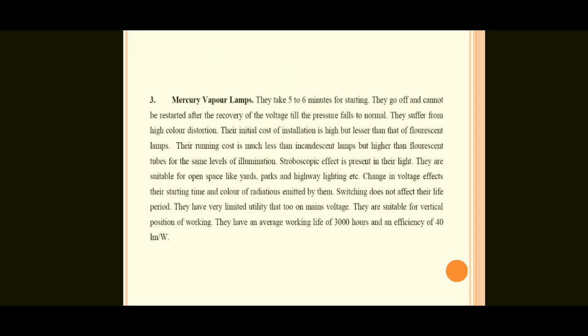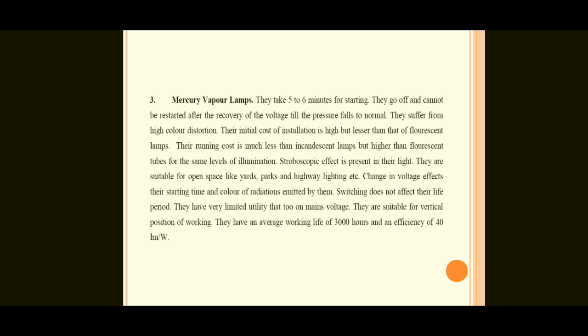Mercury vapor lamp, we all know very well. They go off and cannot be restarted after the recovery of the voltage till the pressure falls to normal. So it takes 5 to 6 minutes for starting. Immediately it cannot start.